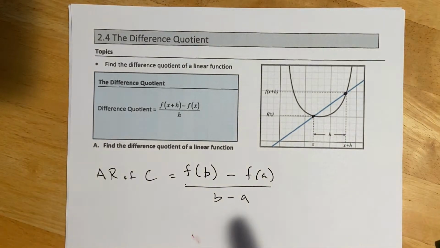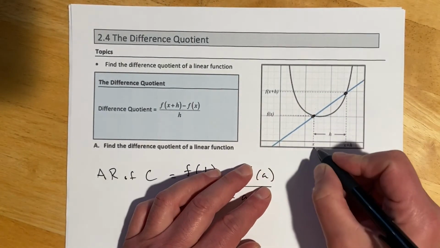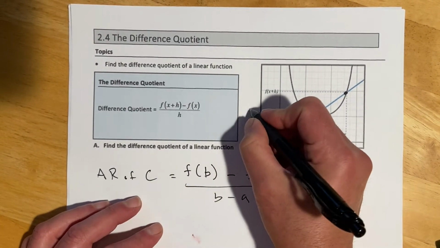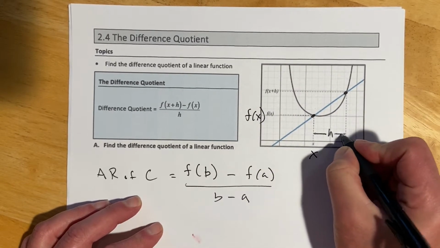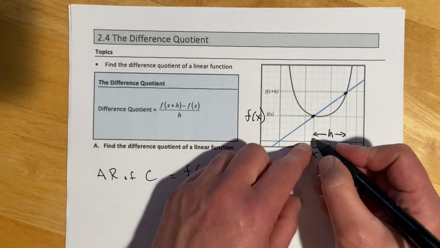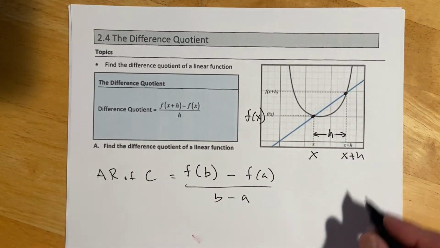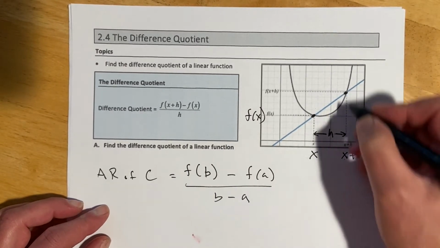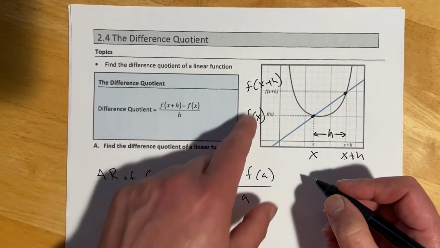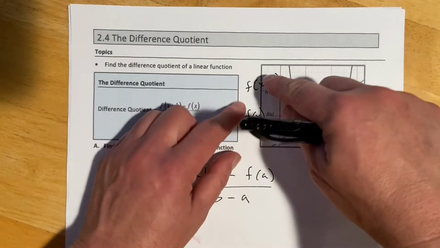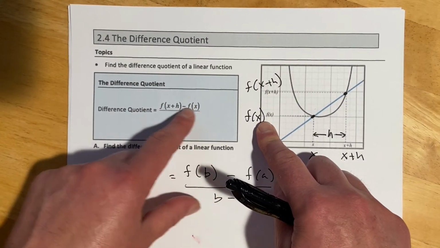So the difference quotient is the same thing again. Here we're putting in x and getting out f of x. Then this distance h, let me write it a little bit bigger. We're going from wherever this is, some distance h over to here, which makes x plus h. When we put that in, what we get out is f of x plus h. So y2 minus y1 is f of x plus h minus f of x, which is right there.